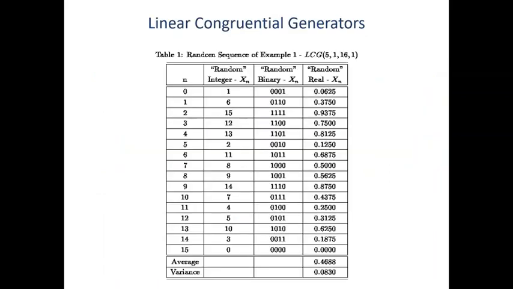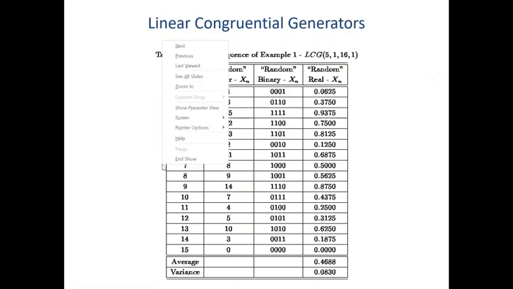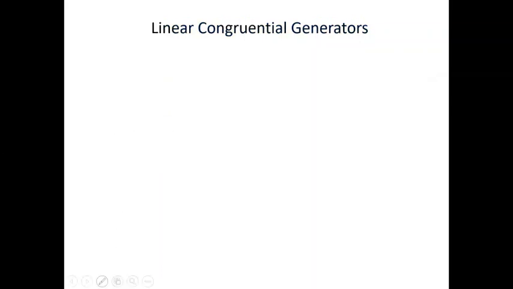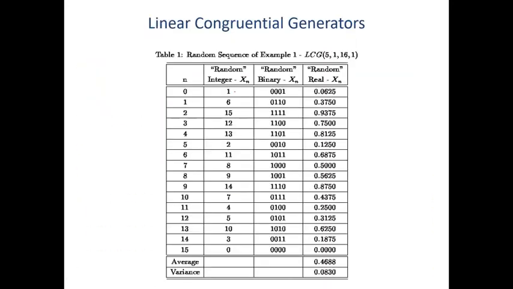You see here, this is how we write the table. So when we write the table of these LCGs, we normally list the n value, then the random integer xn which is being generated, and its binary representation.